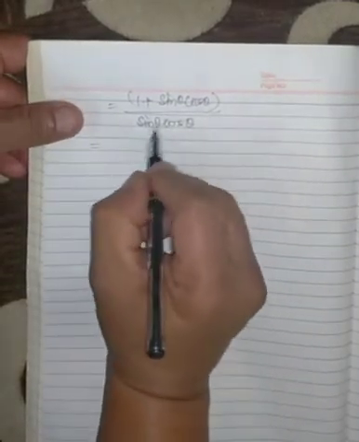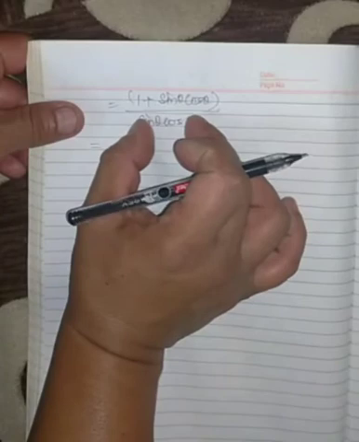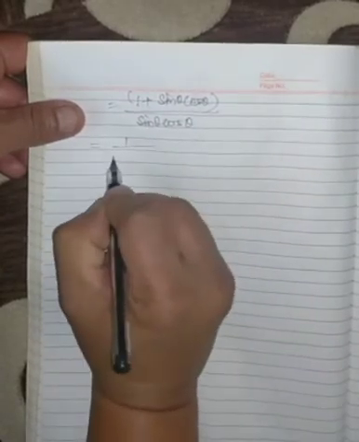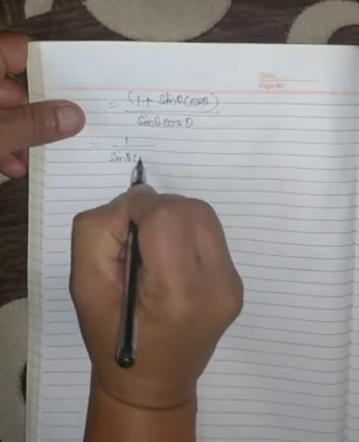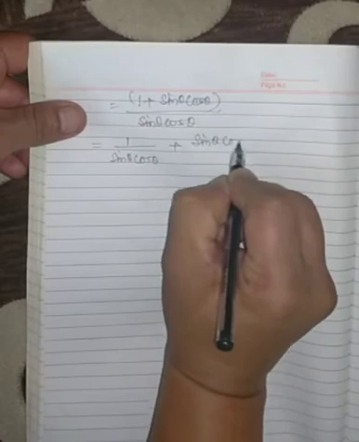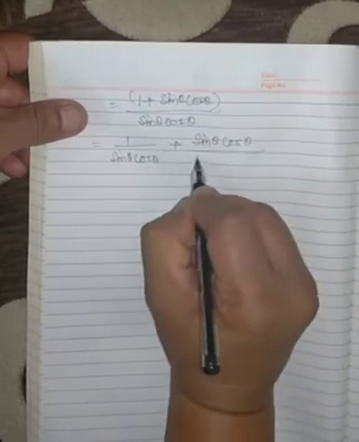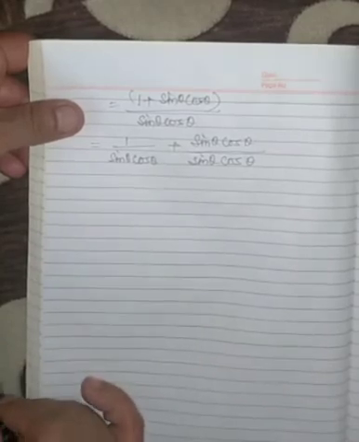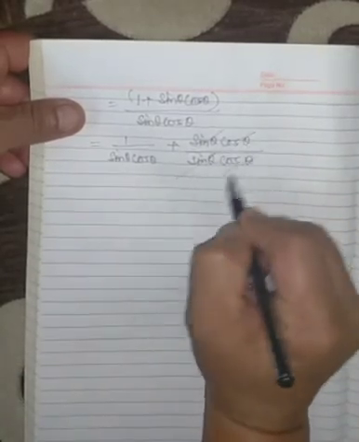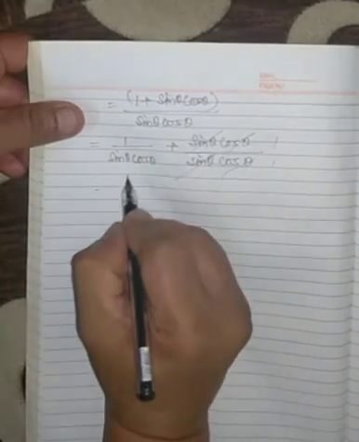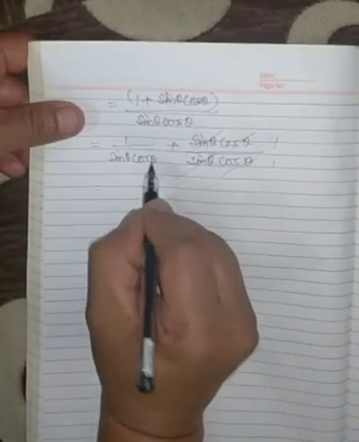Now this denominator we are going to write separately with this and with this. So 1 upon sin theta cos theta plus sin theta cos theta upon sin theta cos theta. Now these two cancel and we get 1. Here we have 1 upon sin theta cos theta.